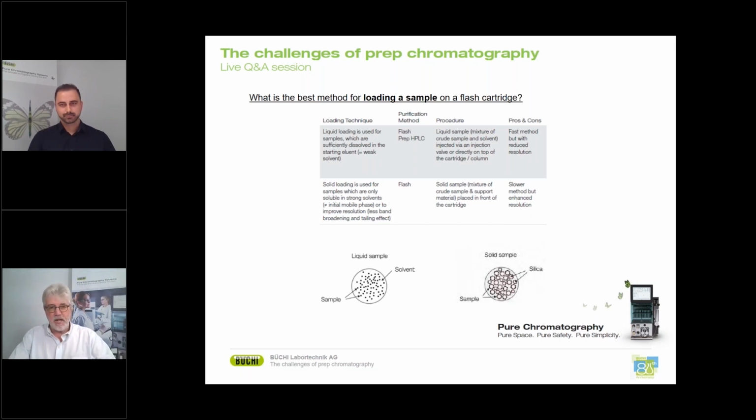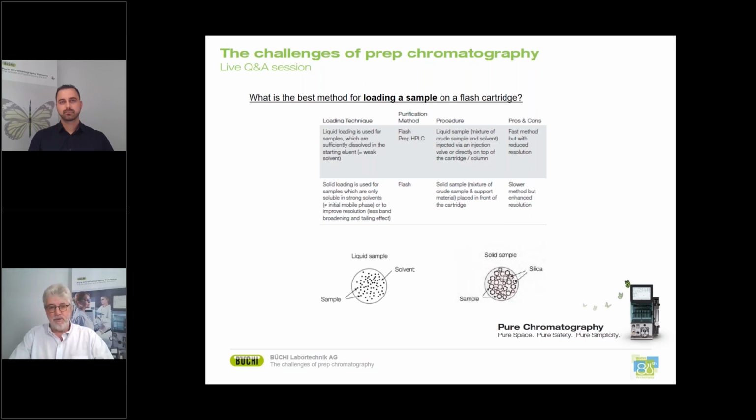Somebody is preparing a sample and gets the sample in a solvent at the end of his step, and he wants to introduce it. Now, in many cases, that solvent in the sample is not the same as what will be used as mobile phase to do the separation.